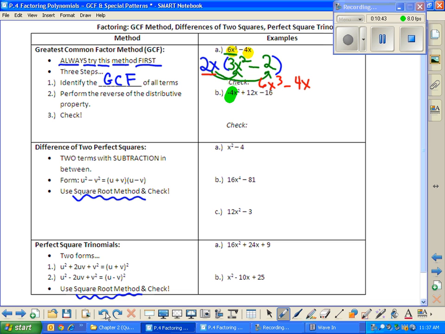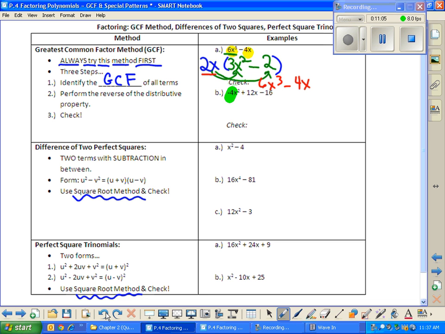So as I look at the rest of the problem, it says negative 4x squared plus 12x minus 16. As I read that problem, I notice that 4, 12, and 16 are what we call multiples of 4. In other words, they're all divisible by 4. Furthermore, because this 4 out in front is negative, I want to get rid of the negative.